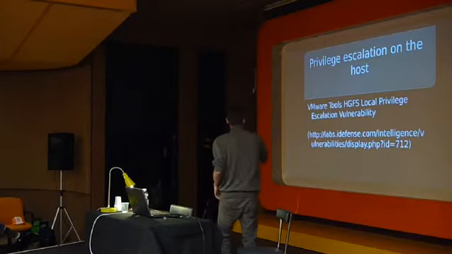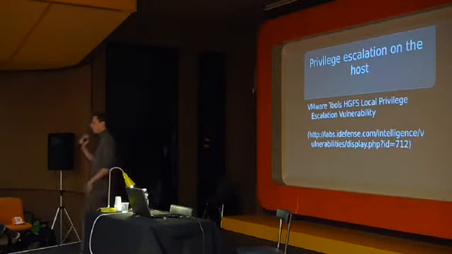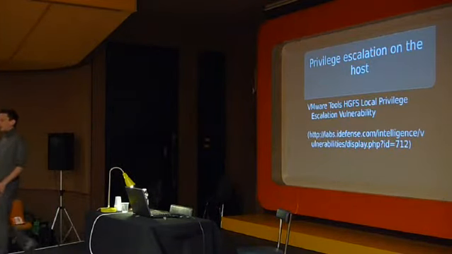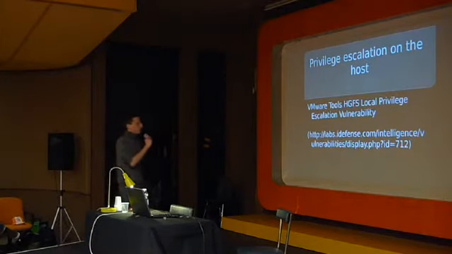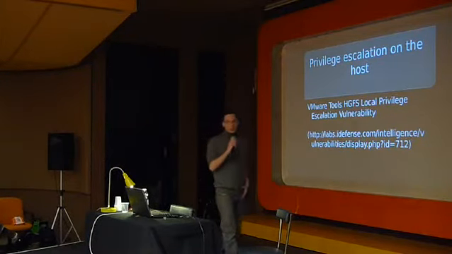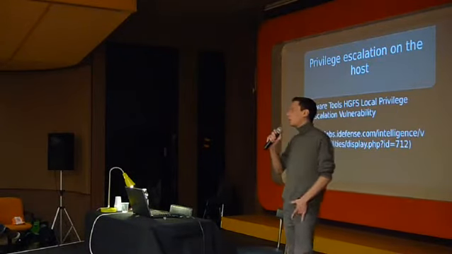So the first kind of vulnerabilities we can imagine regarding virtualization is privilege escalation on the host itself. So let's say you have a shell on the host, and you want to get root.